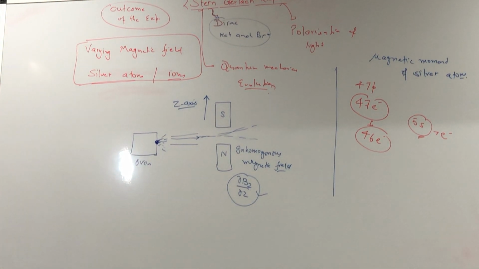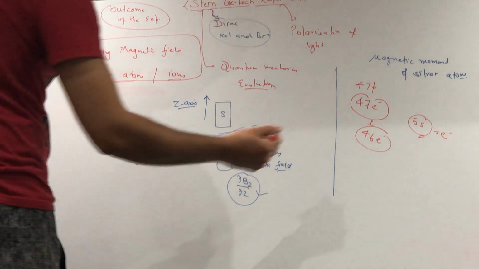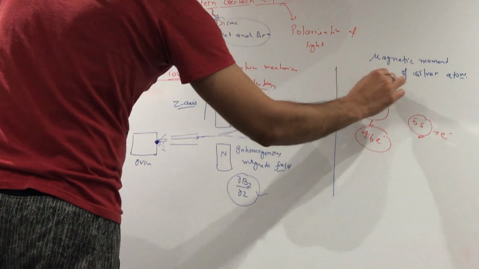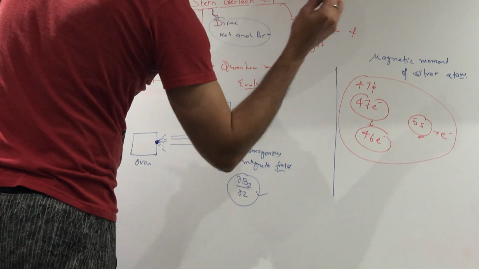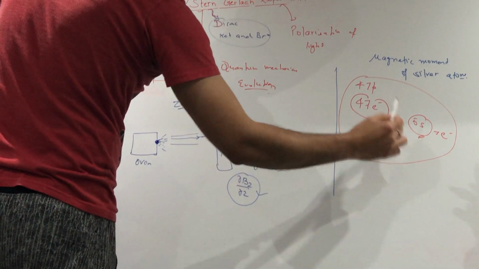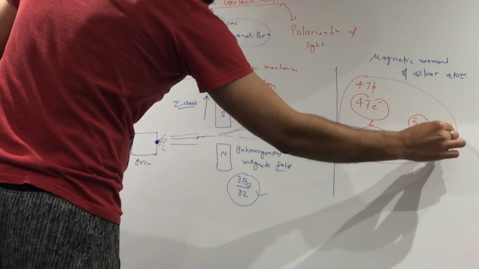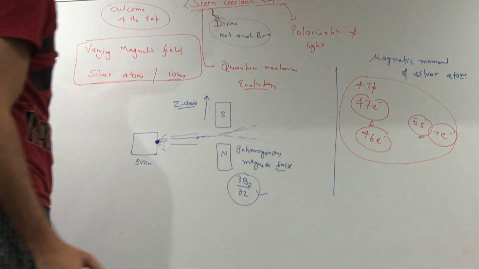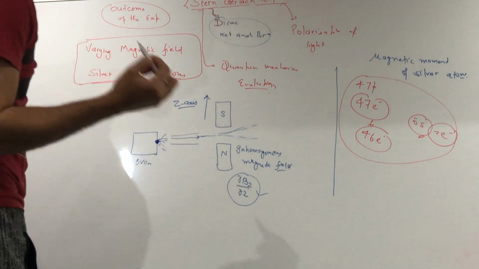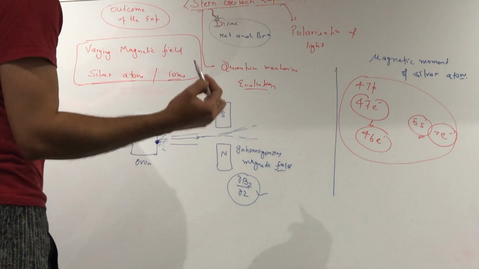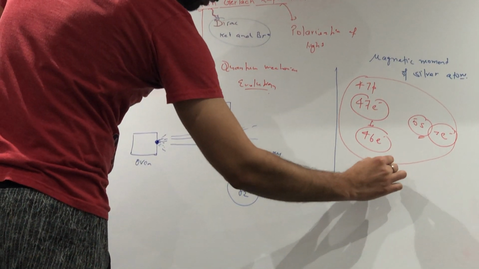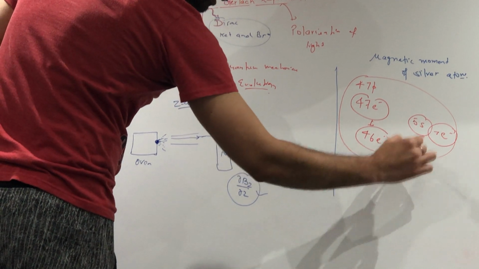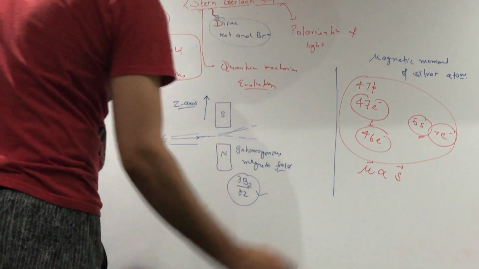Now this system is altogether a whole system. So we say that the net magnetic moment of the silver atom is due to this 47th electron. That means the magnetic moment of the silver atom is proportional to the spin of the silver atom.